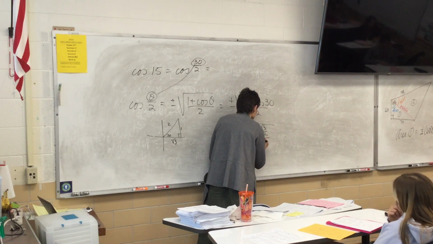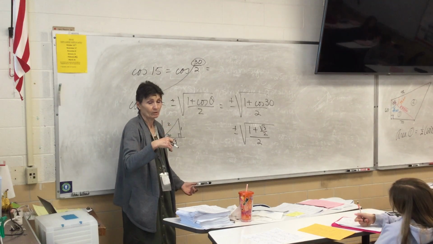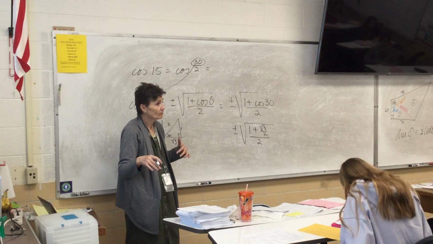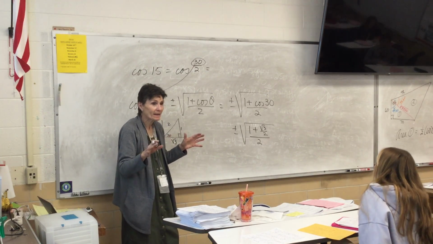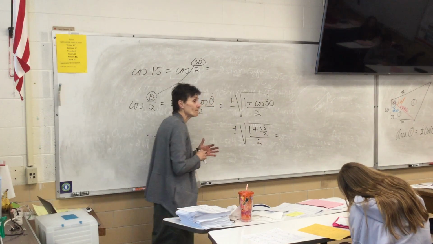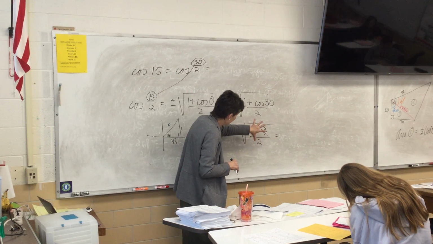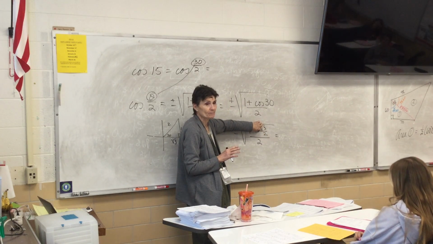Oh my gosh. This may be the first time, I can't remember, that you've seen a radical underneath another radical. But it is perfectly okay. So don't panic about it. What is not okay is having a big fraction with a little fraction in it. That is not okay.